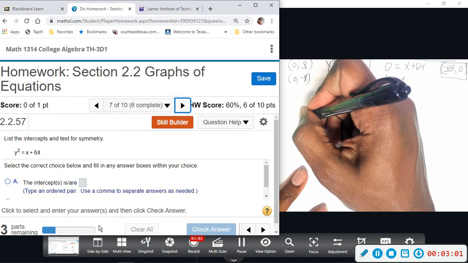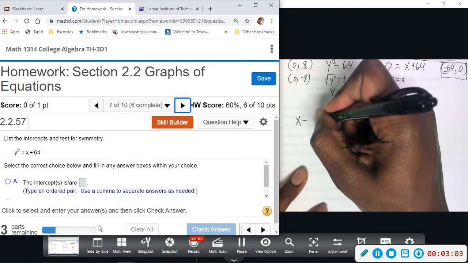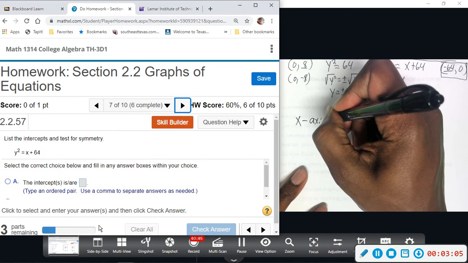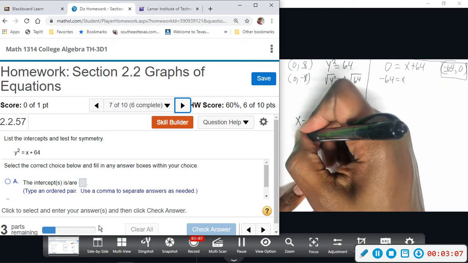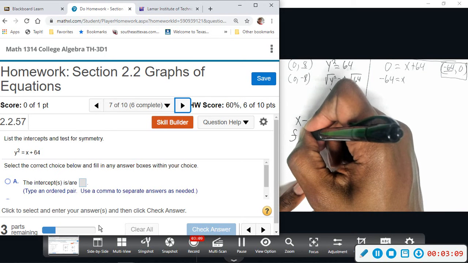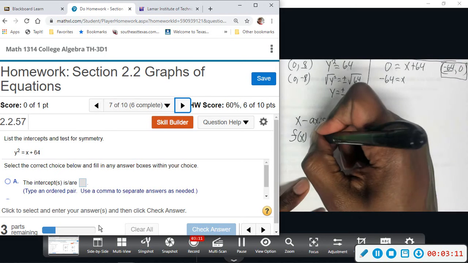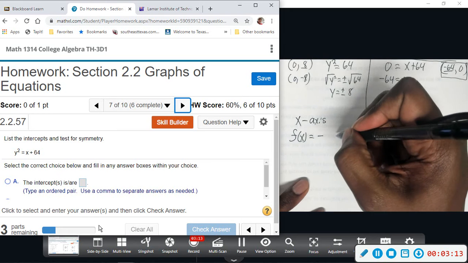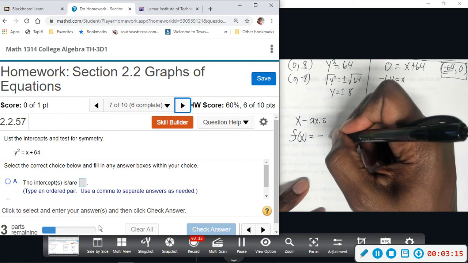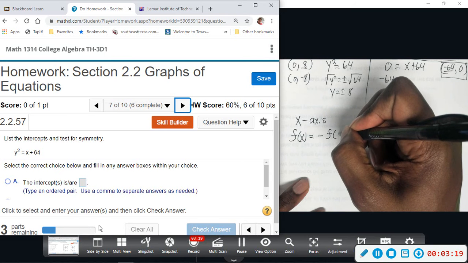So remember x-axis symmetry. Says if you have a positive function and you put the negative on the outside, make the y value negative.